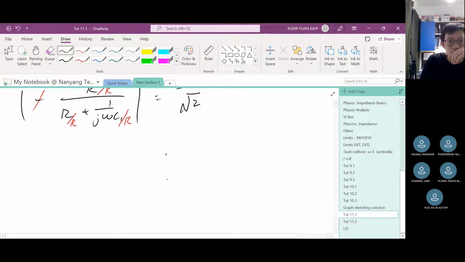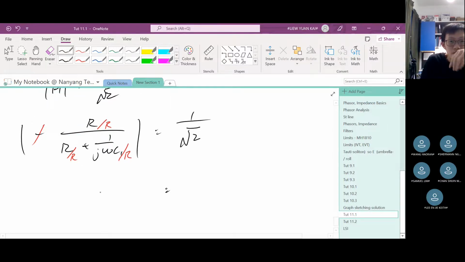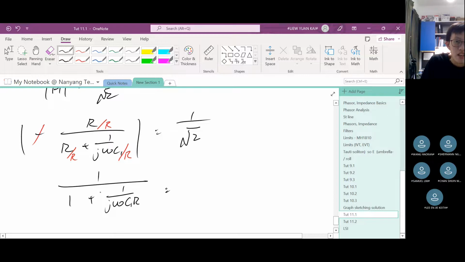At the top, R divided by R becomes 1. At the bottom, R divided by R is just 1, plus this becomes 1 over j omega C1 R. I don't need the modulus on the top anymore because the modulus of 1 is just 1. I will just take the modulus of the bottom.